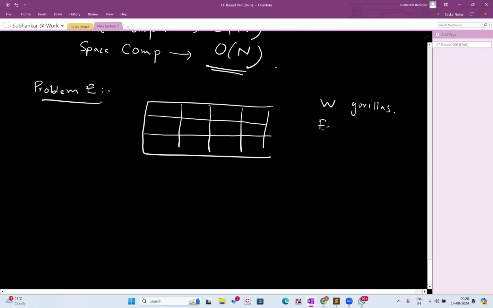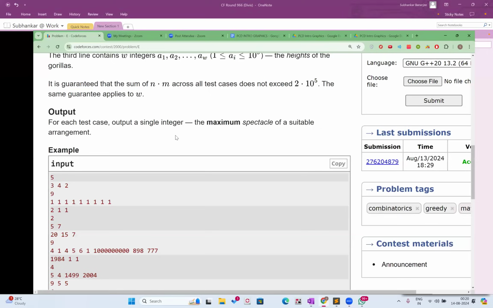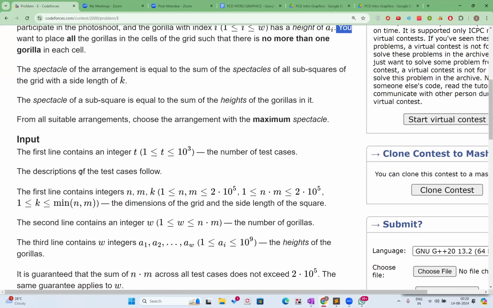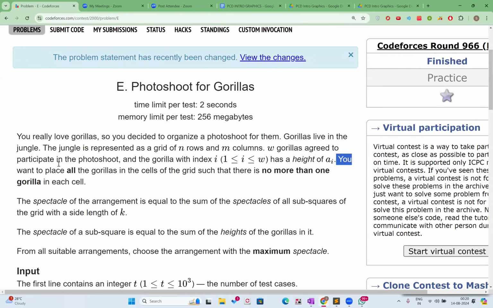Each gorilla has a height. This is given. Now we have to place the gorillas.